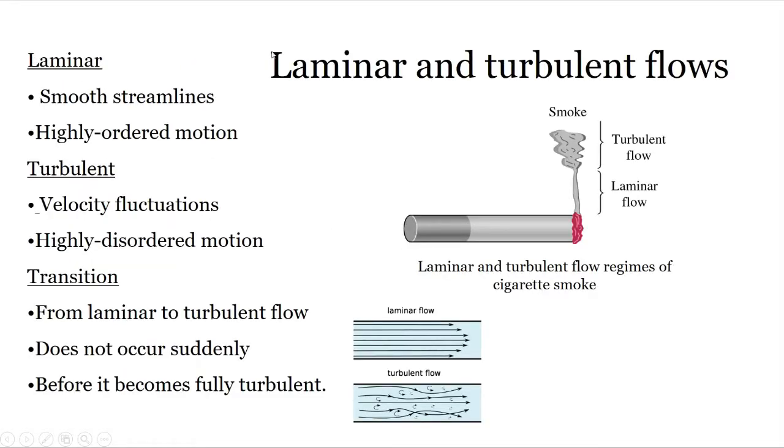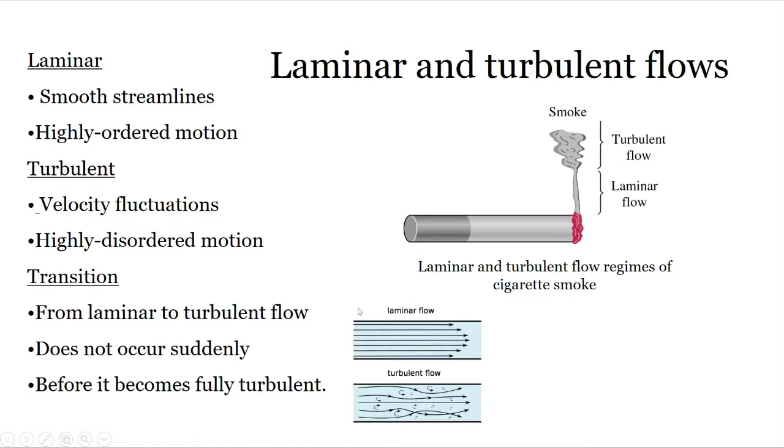Lastly, I'm going to explain about laminar and turbulent flow. Laminar flow has smooth streamlines and highly ordered motion. Turbulent flow has velocity fluctuations and highly disordered motion. The transition from laminar to turbulent does not occur suddenly; it happens before the flow becomes fully turbulent.